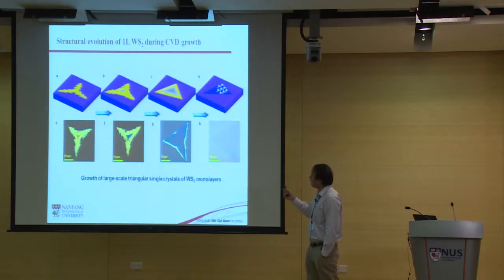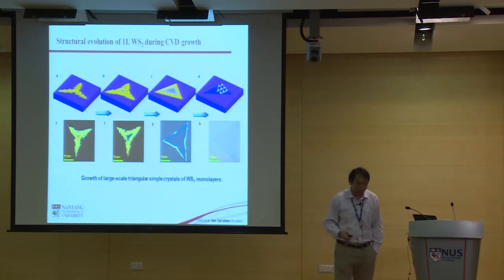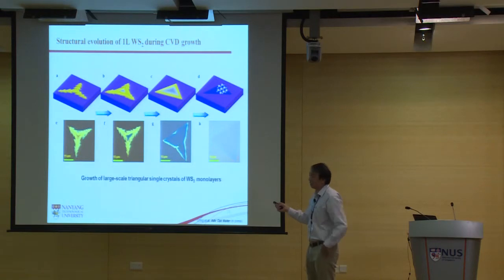And we tentatively propose a growth mechanism for this tungsten disulfide. Instead of starting the growth from nucleation, usually at the center, we think they start with nucleation of many small pieces of triangles like this. Then they connect to each other when they grow big during the heating.